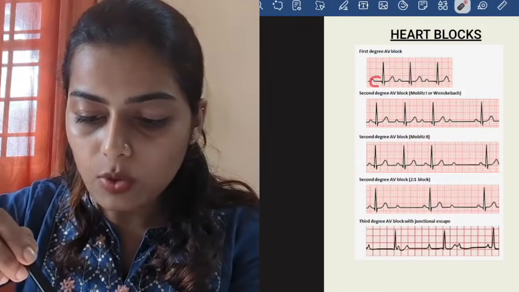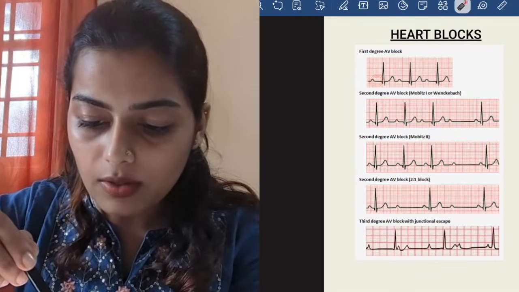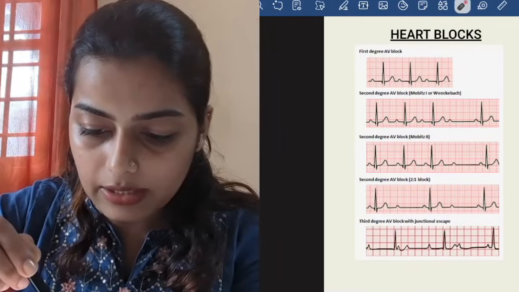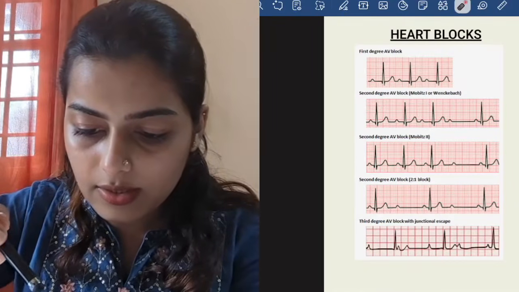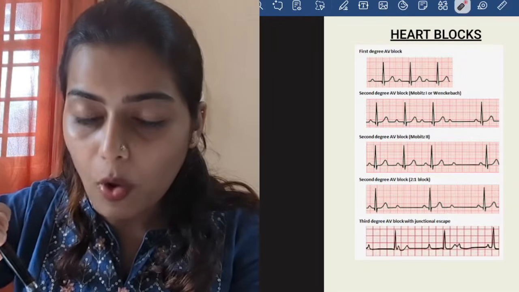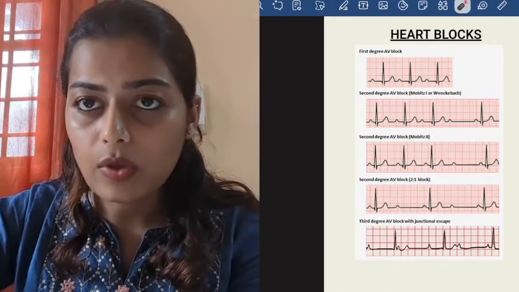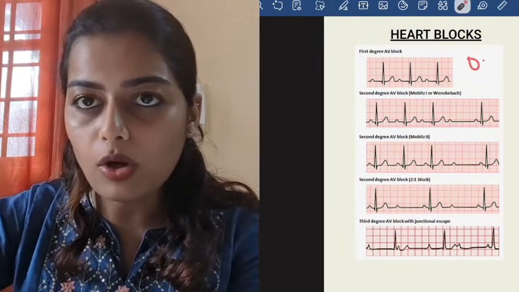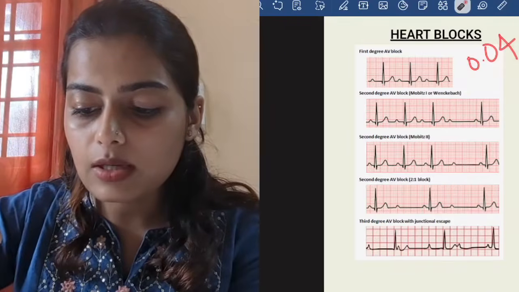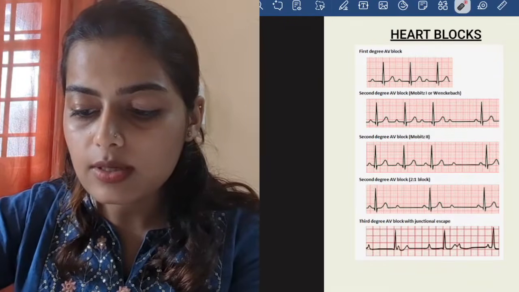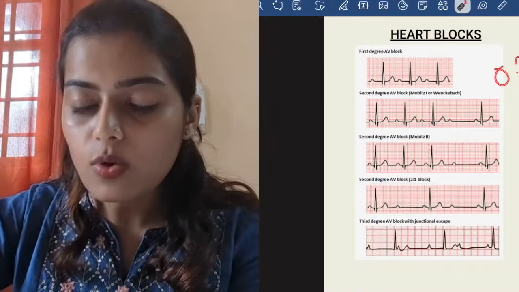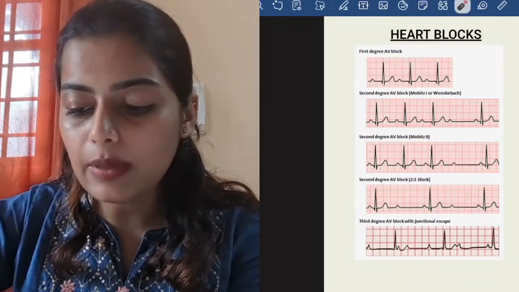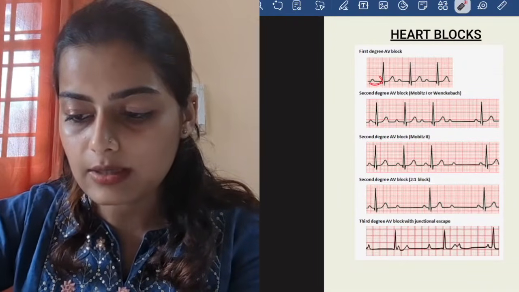So in this diagram you can see first degree AV block. When you observe the PR interval here, it will be more than 0.20 second. So how to identify 0.20 second? I told you one small box is 0.04 second. So 5 small boxes will be 0.20 seconds.